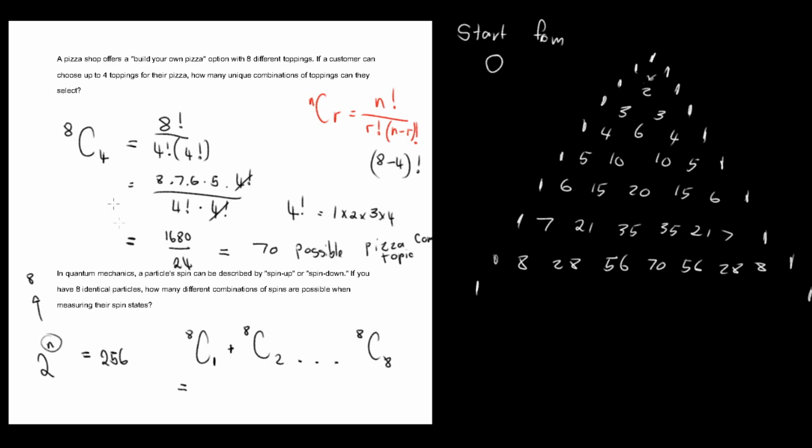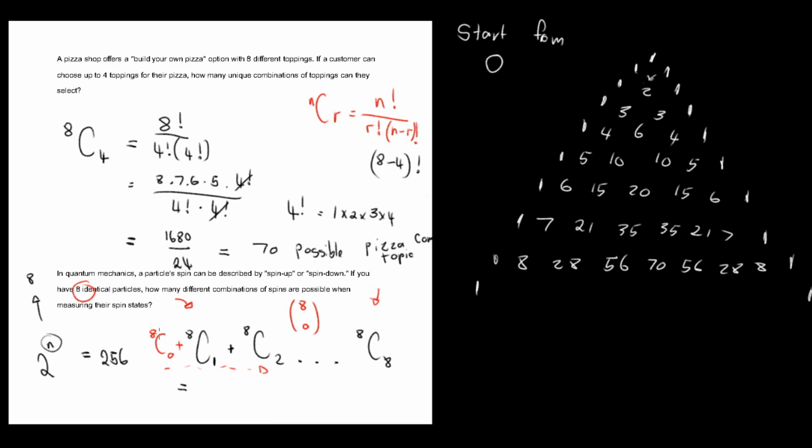Okay, so in this case I have 8 identical particles and I need to find the sum of all these combinations. Actually, I was supposed to start with 0, of course. So 0 and then moving all the way up until the 8 out of 8 combination, or 8 choose 8. So again, we read this as 8 choose 0, right?